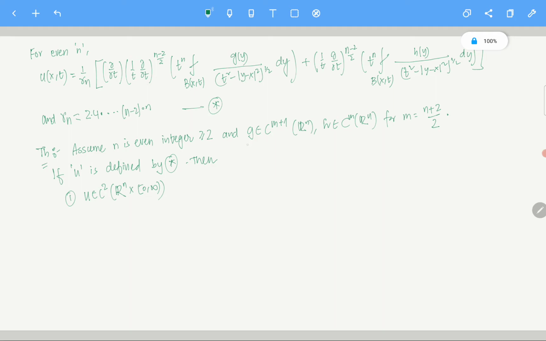So basically u will be in C2. If you define g to be in C^(m+1) and h to be in C^m, the u which we are going to get is definitely going to be in C2.